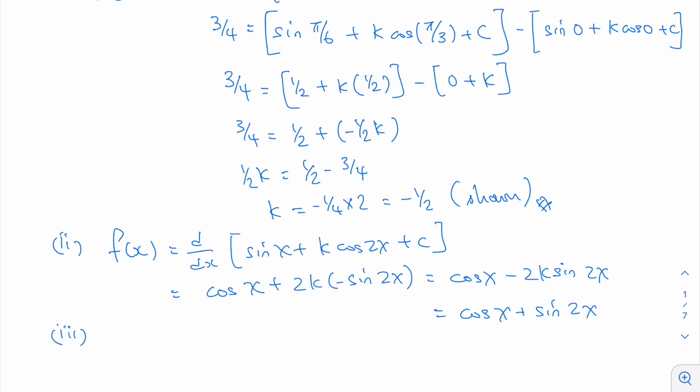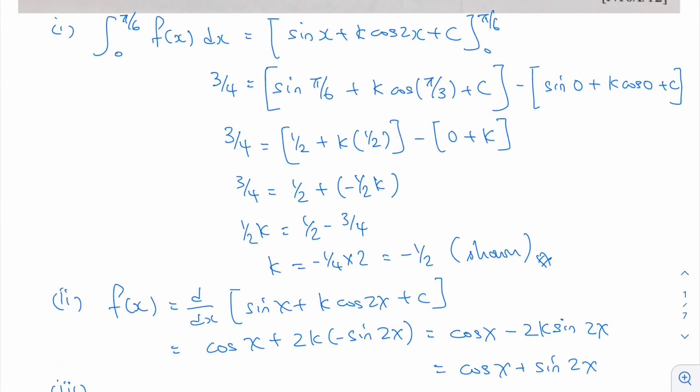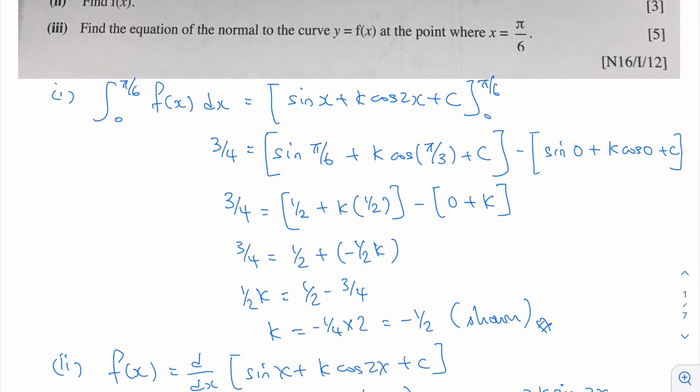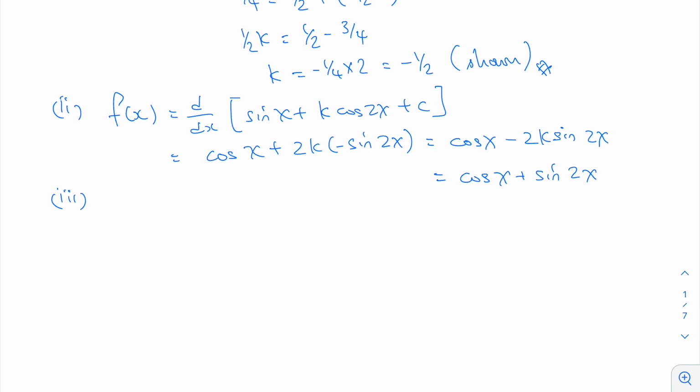Part 3. Find the equation of the normal to the curve at the point x equals pi over 6. So normal, for illustration purposes, if I may suggest a curve as this, and this point here is x equals pi over 6.